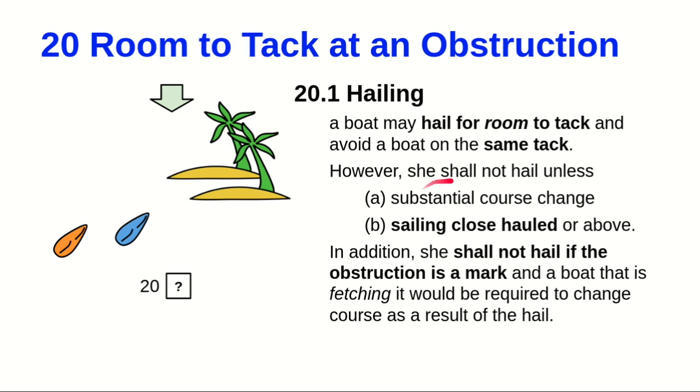However, she shall not hail unless A, substantial course change is required, or B, sailing close hauled or above. Well, it's a little bit complex language, but let's look at it. Substantial course change. Well, if a substantial course change wasn't required, then it wouldn't have been an obstruction by definition. And therefore, it's only really whether she's sailing close hauled or above.